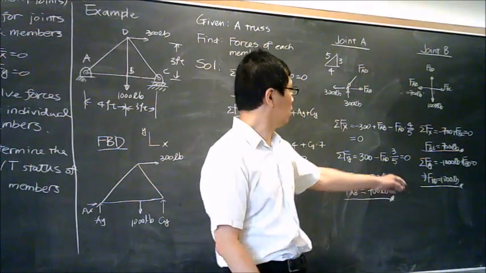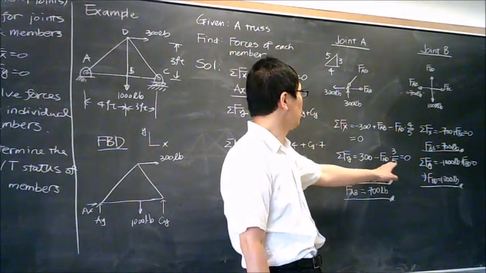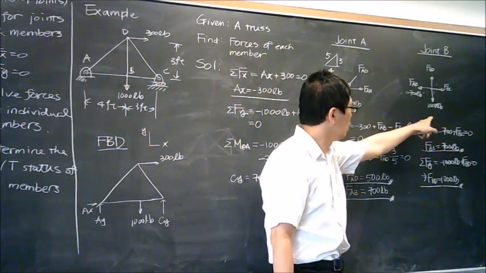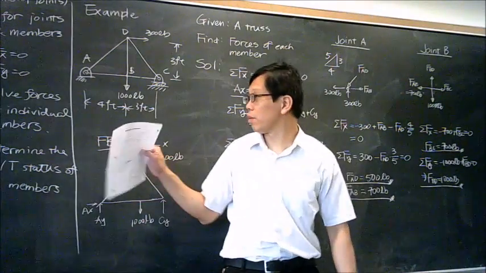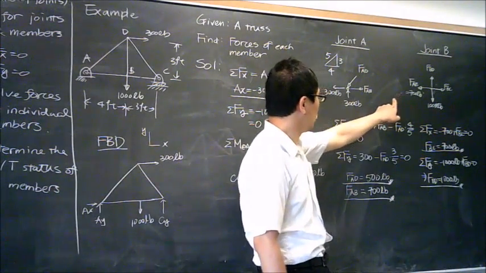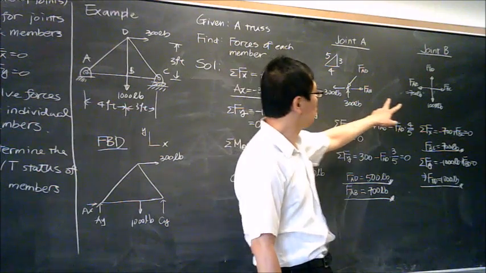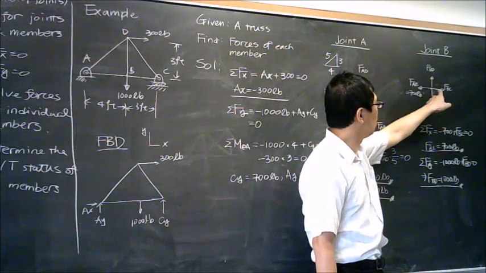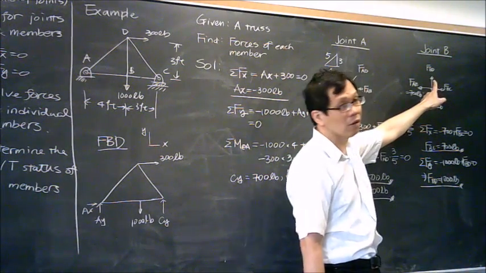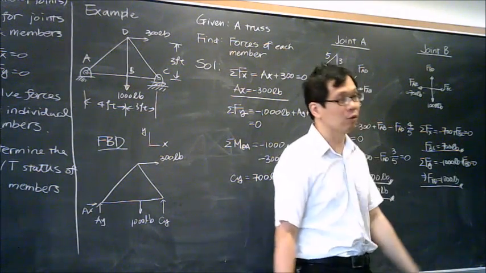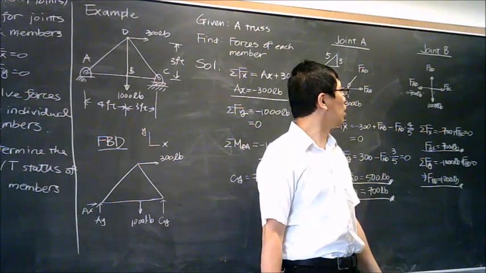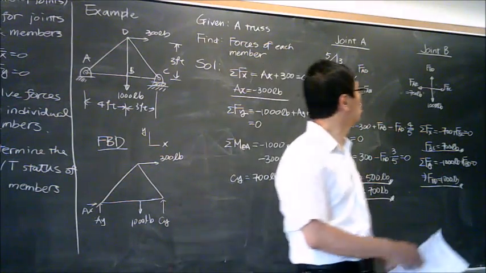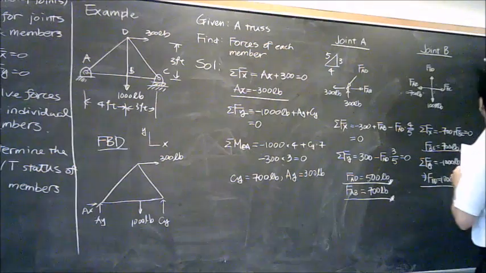Everybody understand what I'm doing over here? I'm not doing anything specific. I'm just drawing the free body diagram first, and I draw the known forces from the problem statement, and another force I derived from the previous joint. So putting them together, I also found two other forces, both in horizontal direction and vertical direction. So in that case, we should be able to identify the forces from the configuration over here. Okay. What else? Joint C.